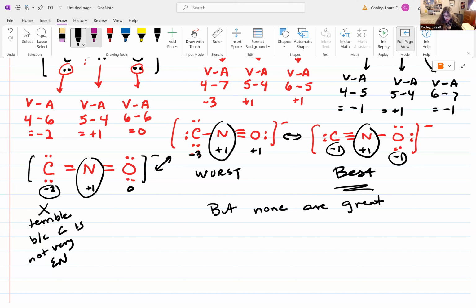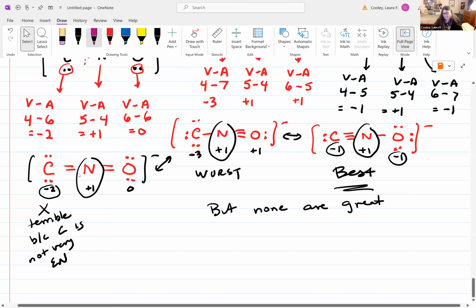You might be looking for something that's got a balance of the charge. No, it's not like symmetry. That's not what it is. It's where the charge is, right? If in balancing your charge, you're putting a -2 on carbon and oxygen because it makes it look nice, that's not going to help you.